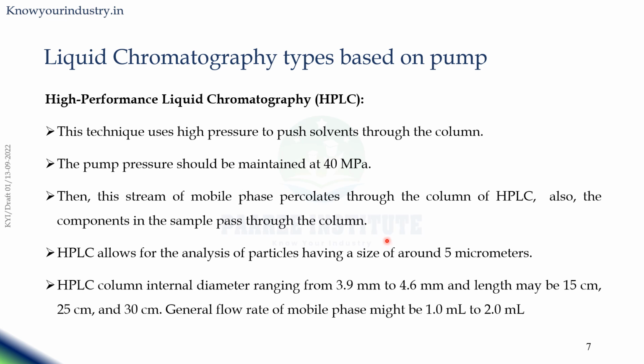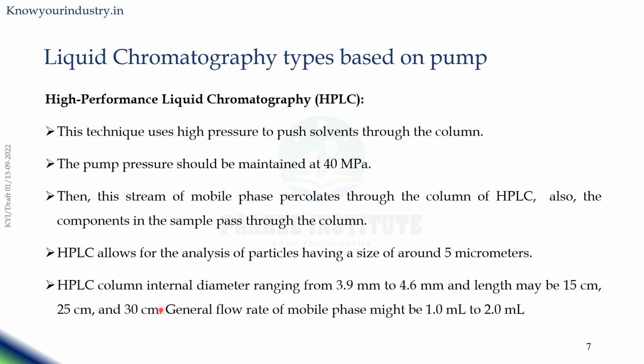This HPLC allows the analysis of particles having a size of around 5 micrometers. The particles which are going to be analyzed should be in the size of 5 micrometers.